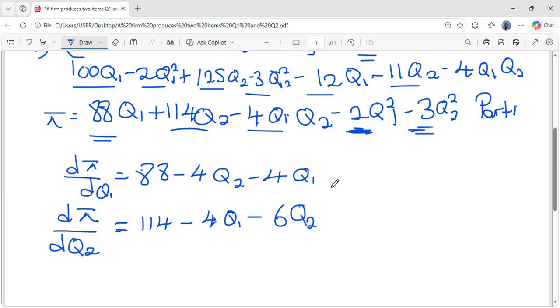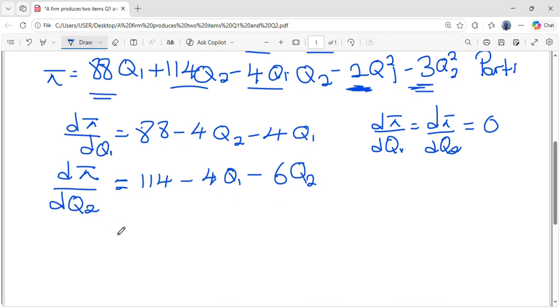So for us to be able to maximize profit, we maximize profit where the derivative of profit 1 is equal to the derivative of profit 2 is equal to 0, meaning you equate these functions to 0. So if you equate these functions to 0, when you rearrange the equation, 4q2 minus 4q1 is equal to 88.